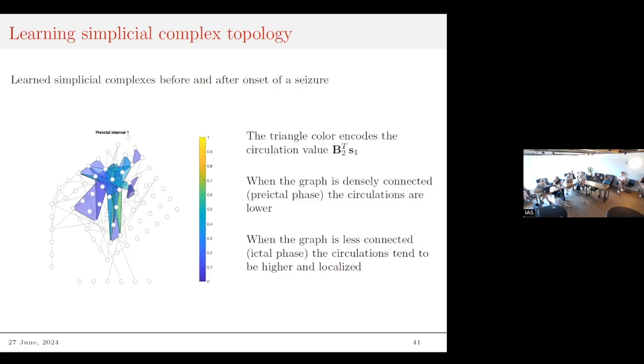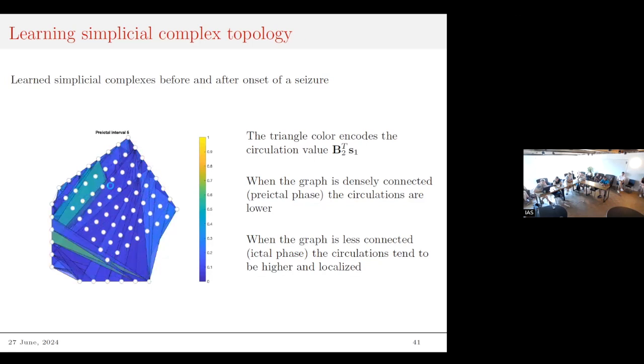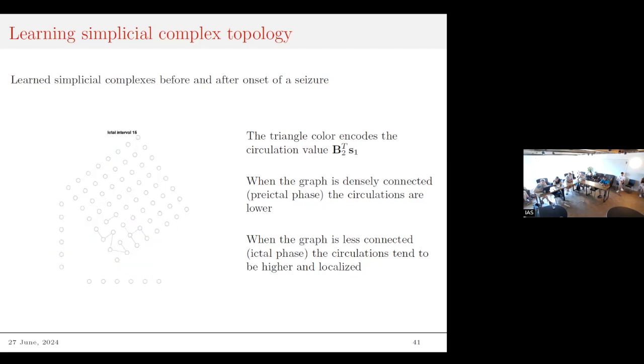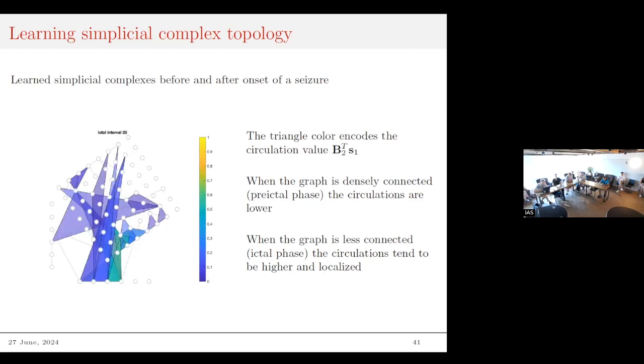When the graph is less connected in the ictal phase, the circulation tends to be higher and localized. We can see the animation. In the pre-ictal phase, the circulation is lower. In the ictal phase, the circulation tends to be higher.